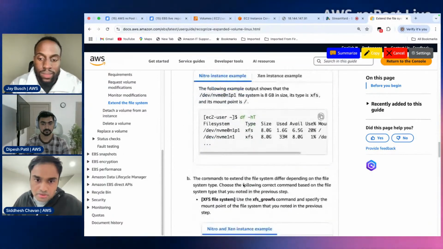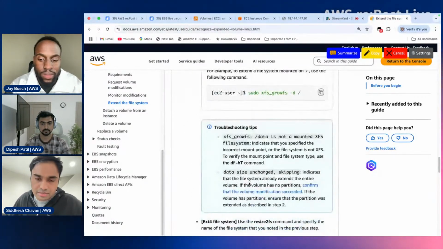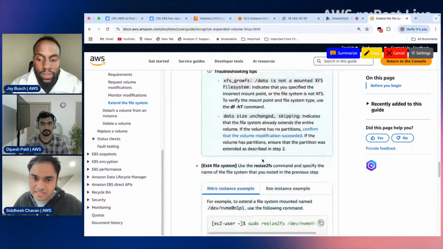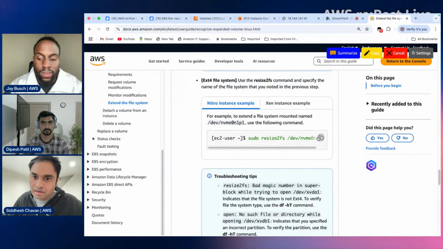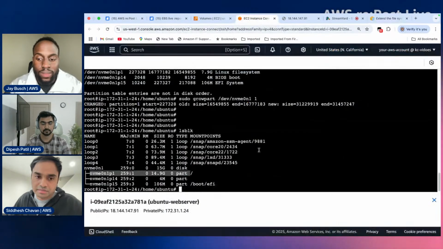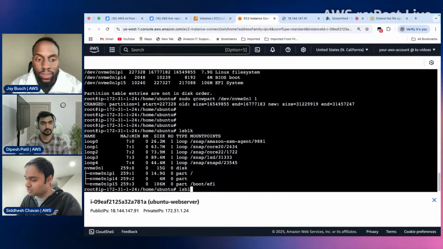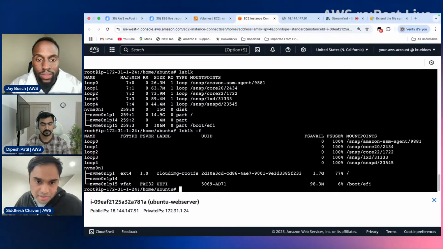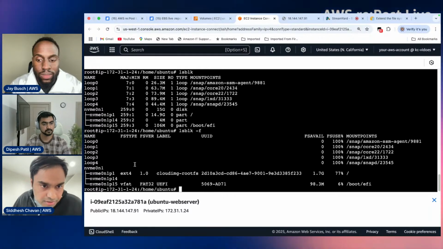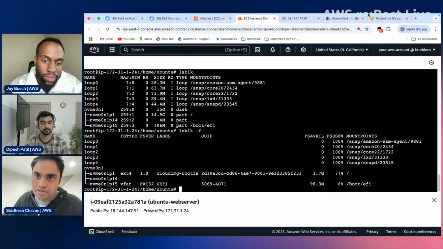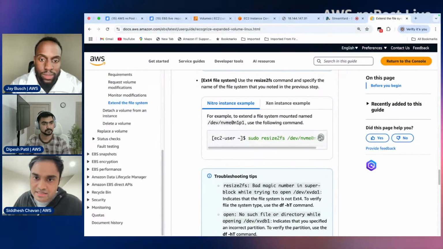This is the command for the XFS file system, but our operating system is running on ext4. You can check that using the lsblk -f command, and you can see it's an ext4 file system here. So let's resize the file system.